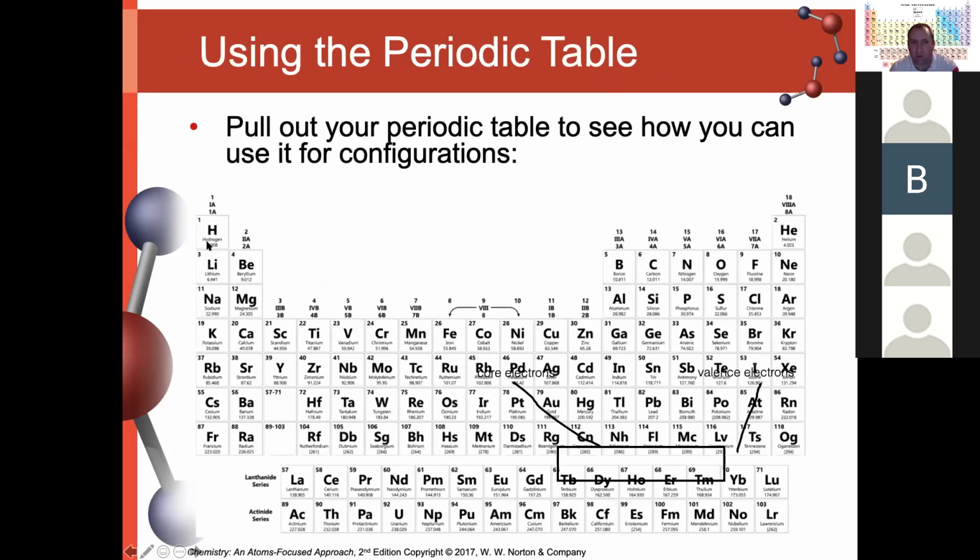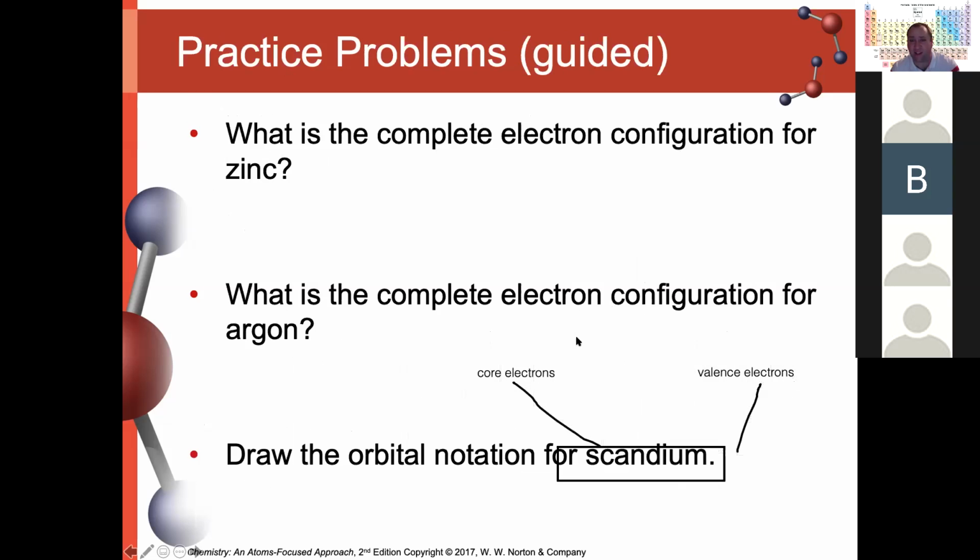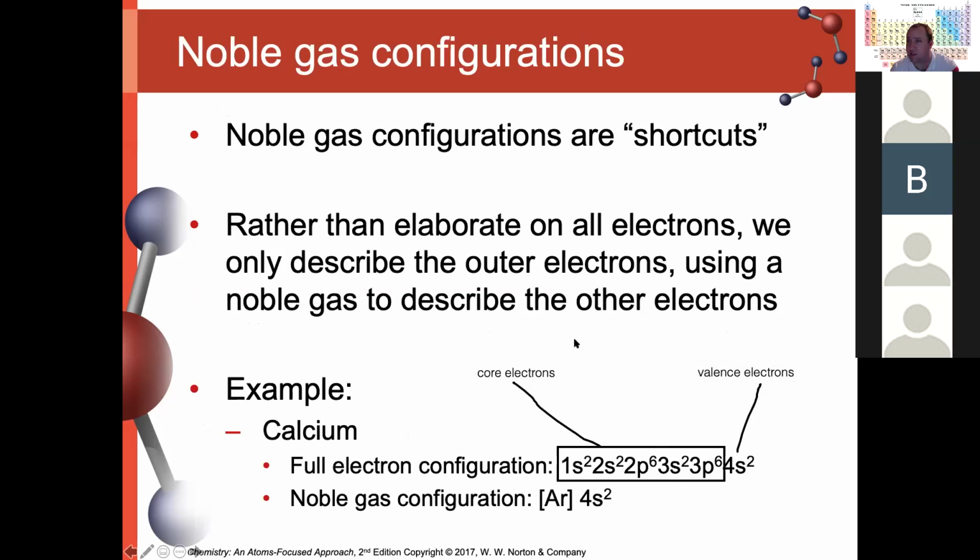So zinc went from 1s2, 2s2, 2p6, 3s2, 3p6, 4s2, 3d10 to argon, 4s2, 3d10. So condensing it down, making it simpler, is to our distinct advantage, and noble gas configurations will be used often to describe electrons, especially in heavier elements, because of the very nature of having to write out that really long configuration.